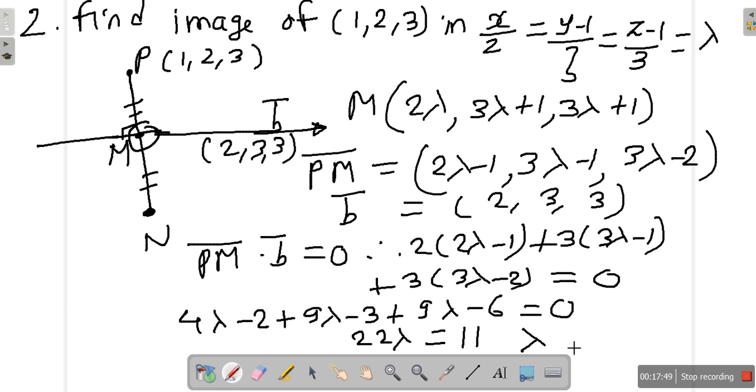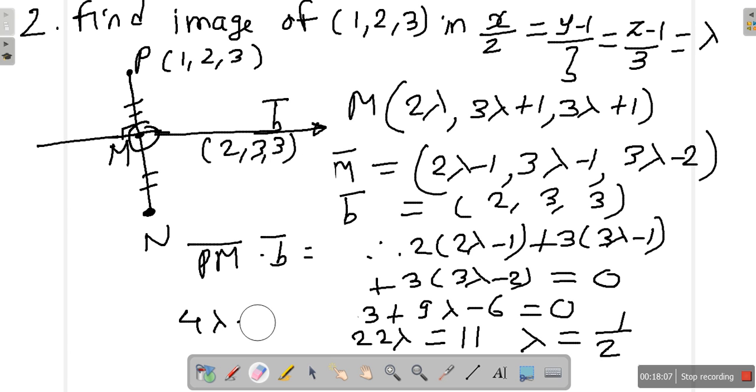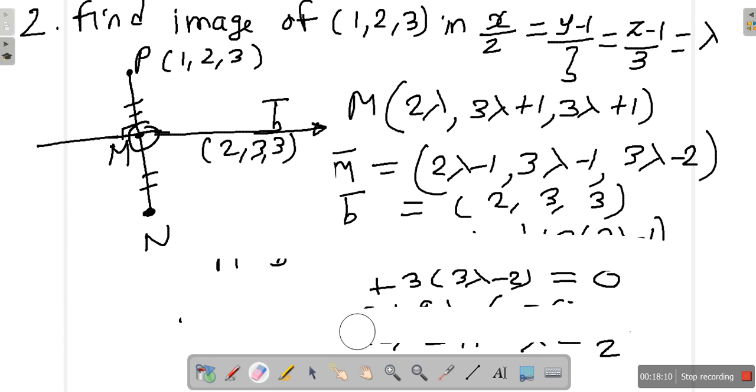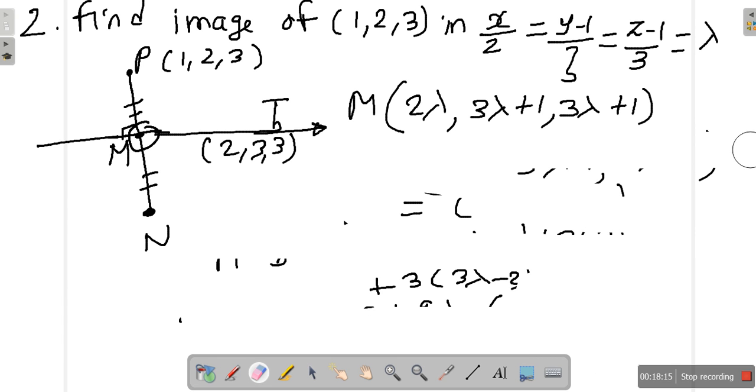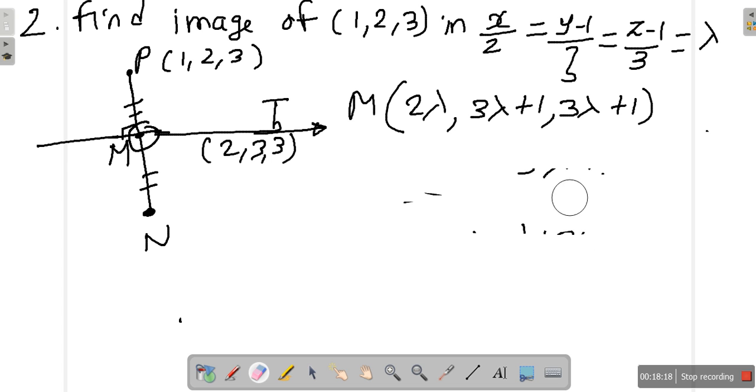That gives me lambda as half. Now if you put lambda equal to half in the coordinates of M here, I will get the coordinates of M. So let us do that. I am going to put now lambda equal to 1 by 2.